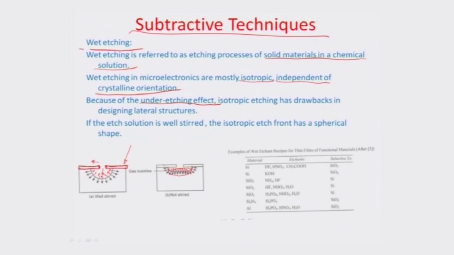So, in this particular case, the lateral etch is much faster than the vertical etch because of the accumulation of materials coming out of the silicon. So, that is what happens when the solution is not stirred.